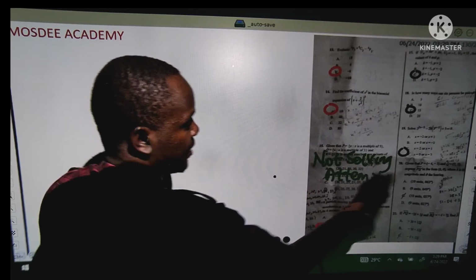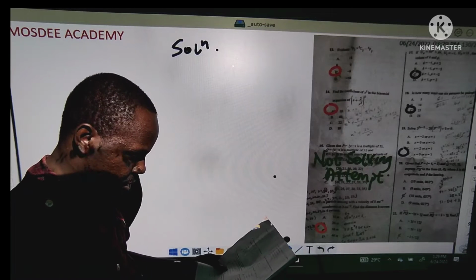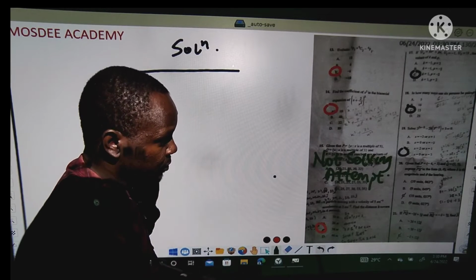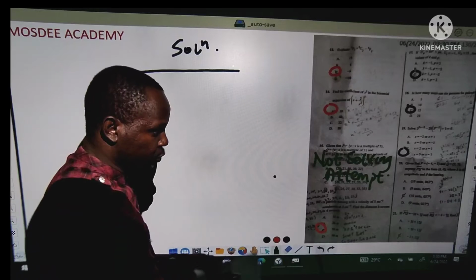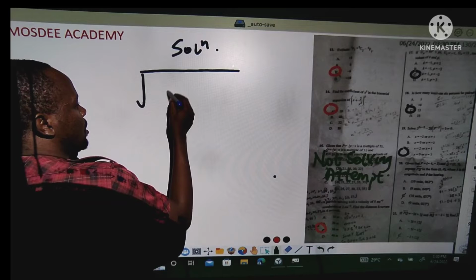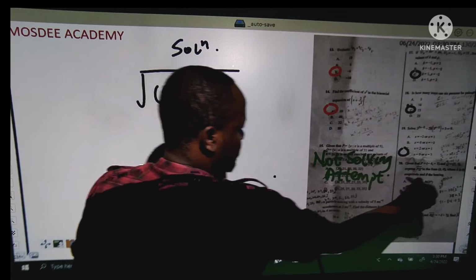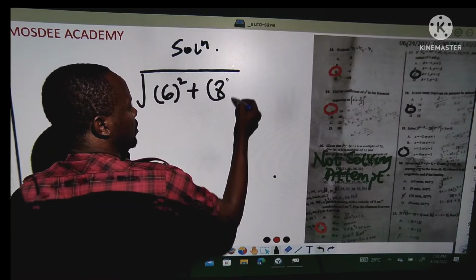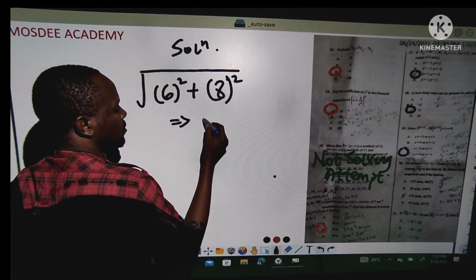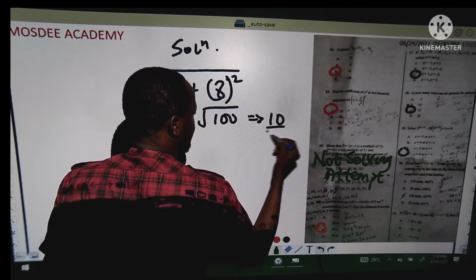Distance between 2 points is square root of (x2 minus x1) squared plus (y2 minus y1) squared. So 2 minus minus 4 is 6 squared, plus 3 minus minus 5, 3 plus 5, that's 8 squared. So this is 36 plus 64, which is 100. Square root of 100 is 10. That is the answer for the magnitude.